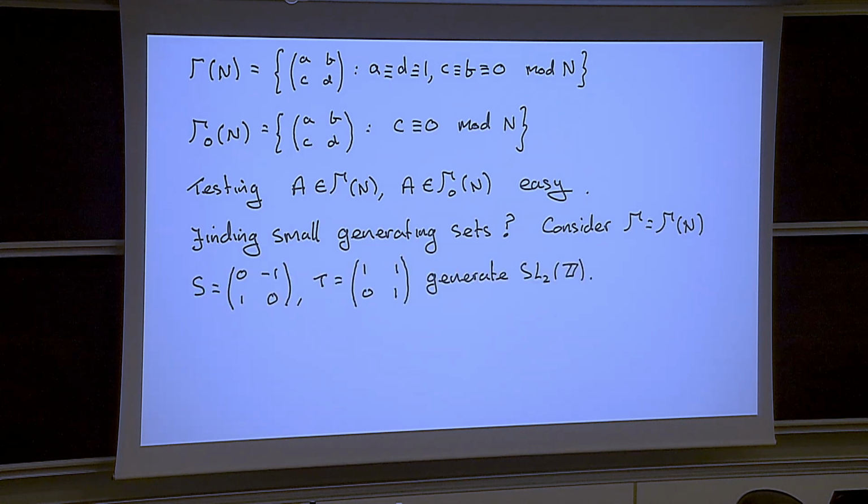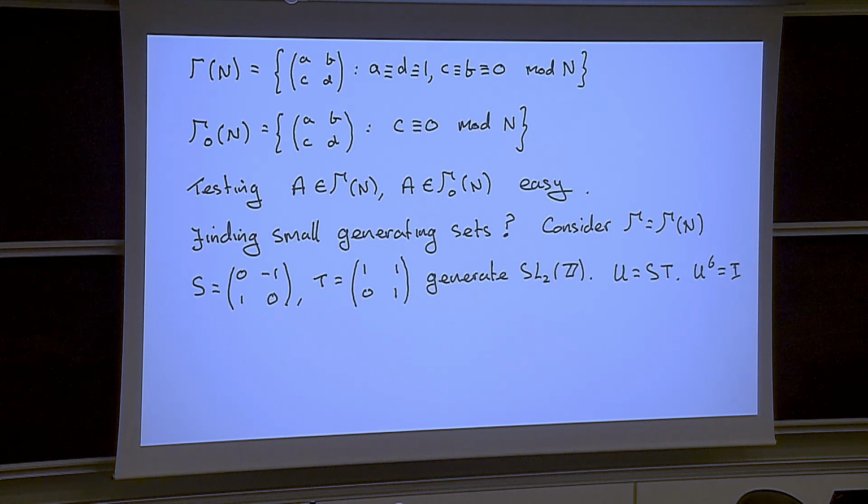Okay, so if we take the two matrices S and T, written up there, then it's well known that they are generators for the group SL2Z. So with these matrices S and T, first of all, let's construct a new matrix U, the product of S and T. And if you do the calculation, you find that U is of finite order.